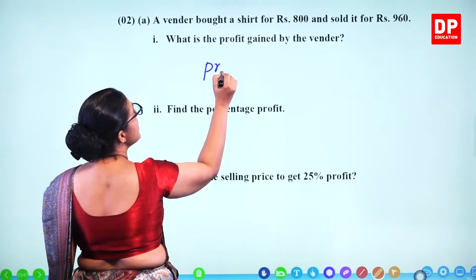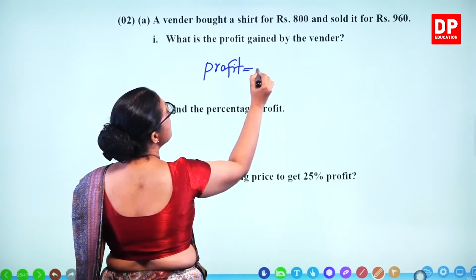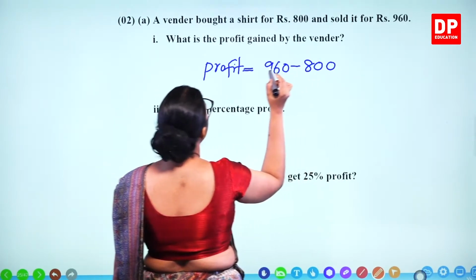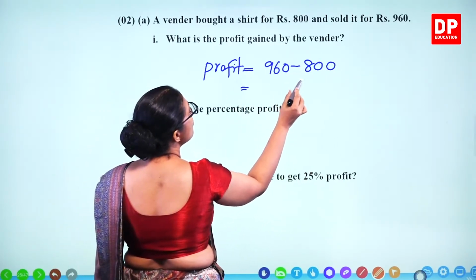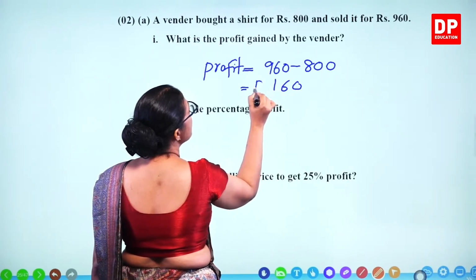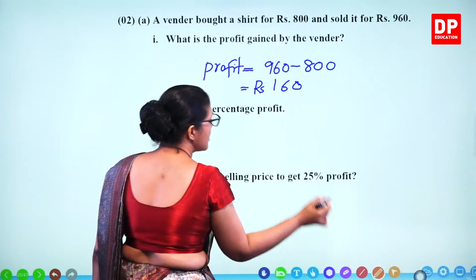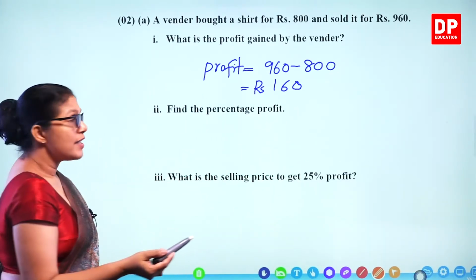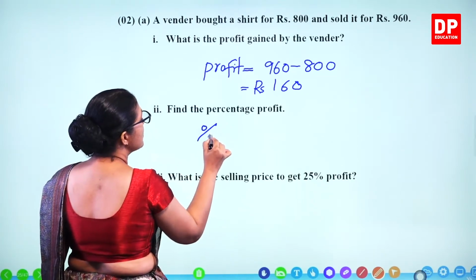So profit is the selling price minus the buying price. So you get 160 rupees. That's the profit. Find the percentage profit. How do you find the percentage profit?